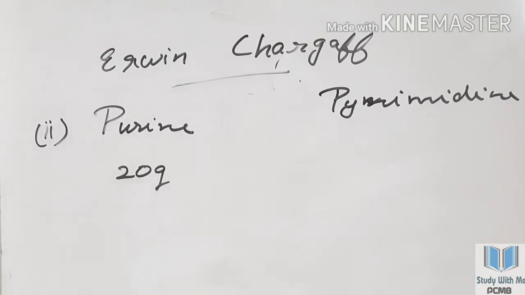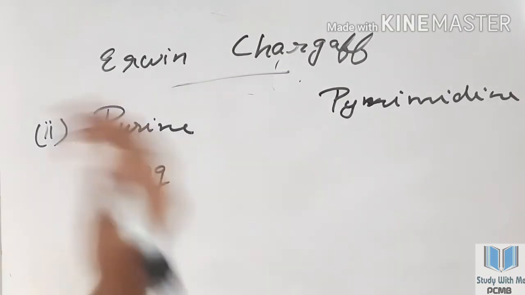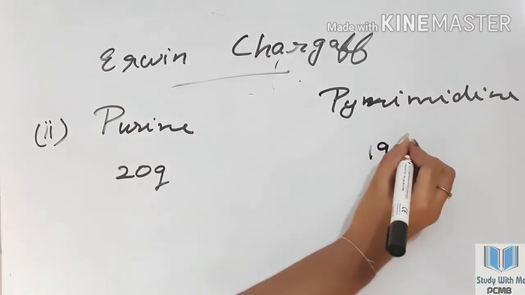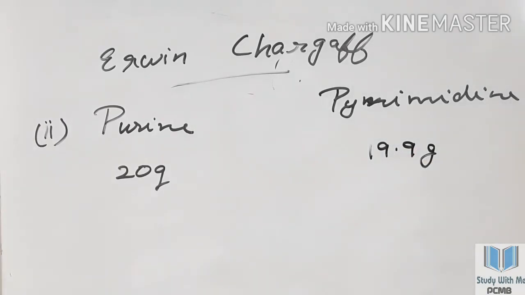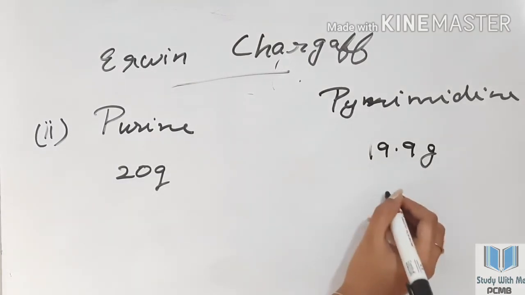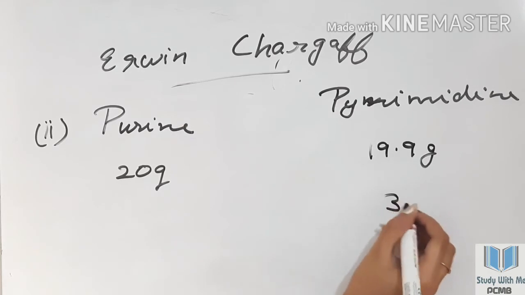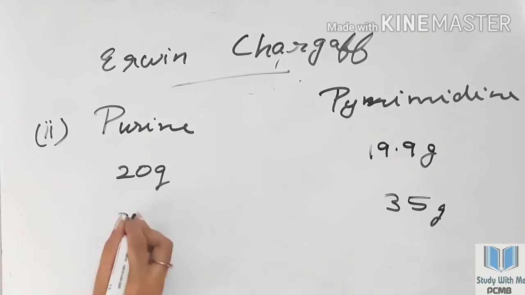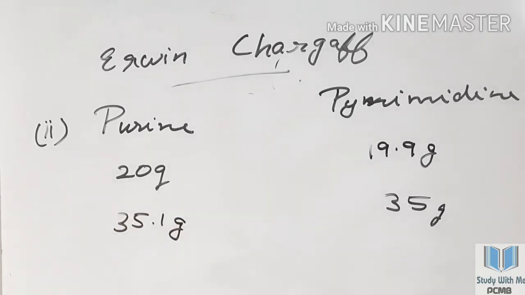Or just consider it is 20 laddus. Anything you can consider. Suppose purine is 20 grams, and if you check the pyrimidines, it will be 19.9 grams. Like that. If purine is, say, 35 grams, then pyrimidine is 35.1 grams. Like that, there can be slight variation.